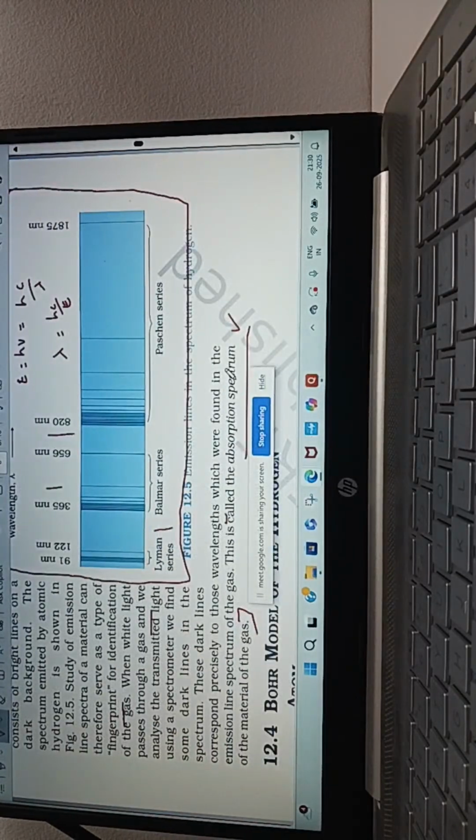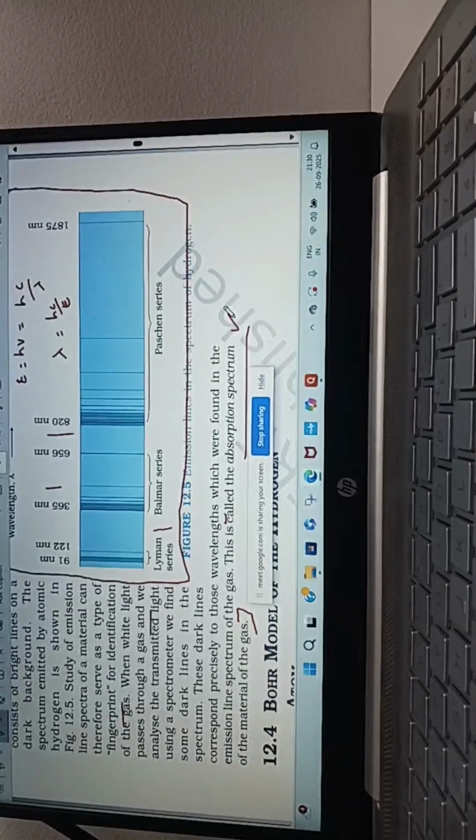Draw a diagram to show the Lyman series, Balmer series, Paschen series. Second question.